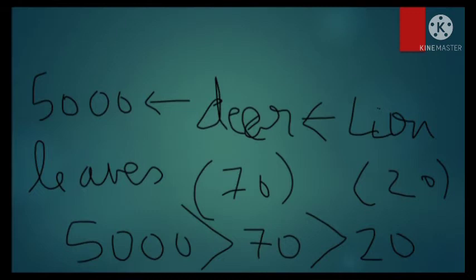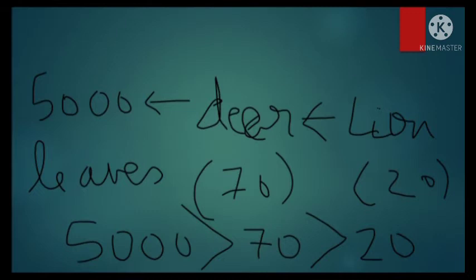So we can say that the producers occupy the base position, followed by the primary consumer, the deer, and on the top of the pyramid will be the lions with the least number. The one with the largest number will be at the base, the one with the least number will be at the top.